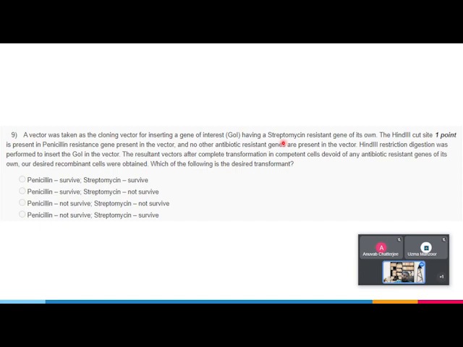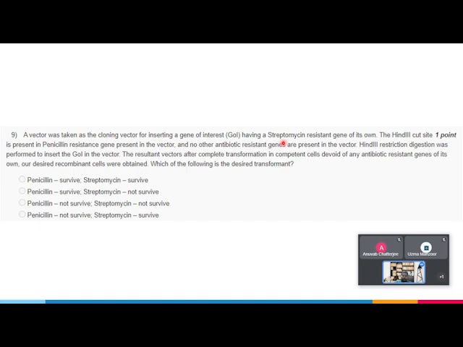But during the cutting of the vector using the HindIII enzyme, the penicillin gene itself gets disrupted, and using that digestion, the gene of interest is cloned into the vector. On the other hand, the gene of interest itself has a streptomycin resistant gene.